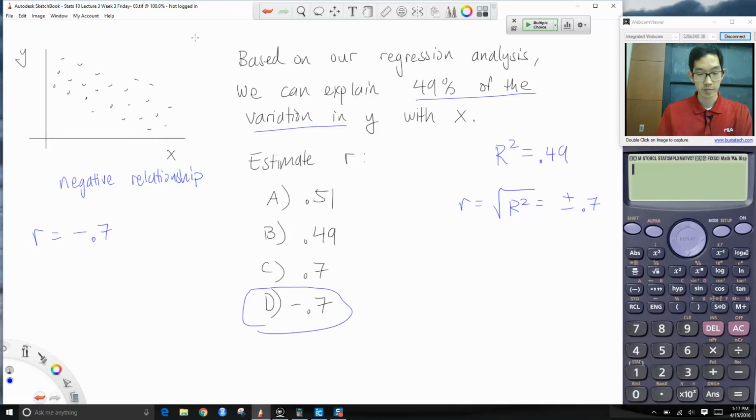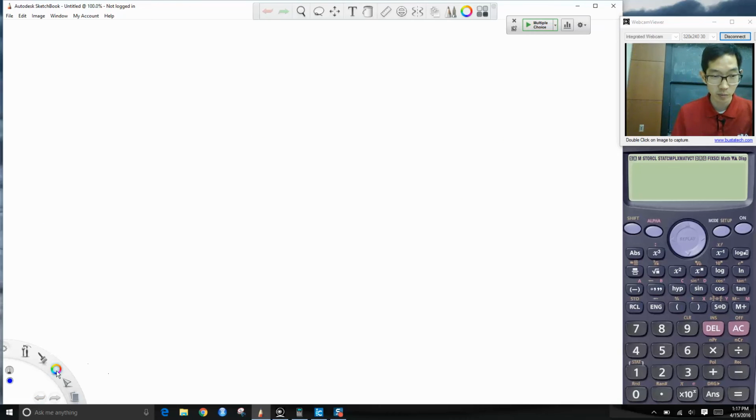Okay. Let's cover a few warnings, okay? Warnings about the usage of linear regression.